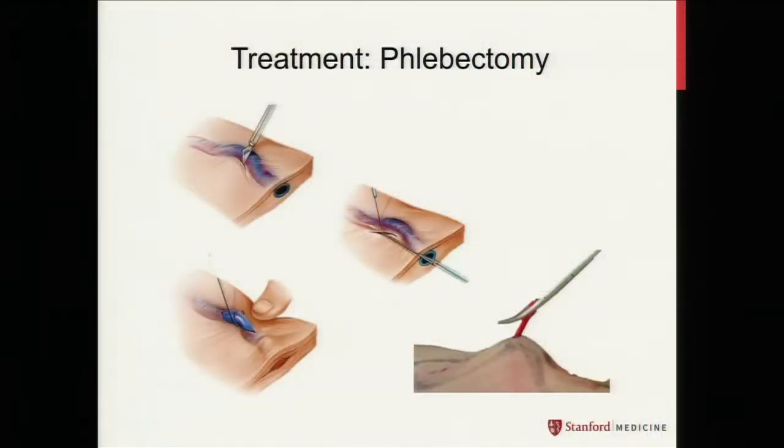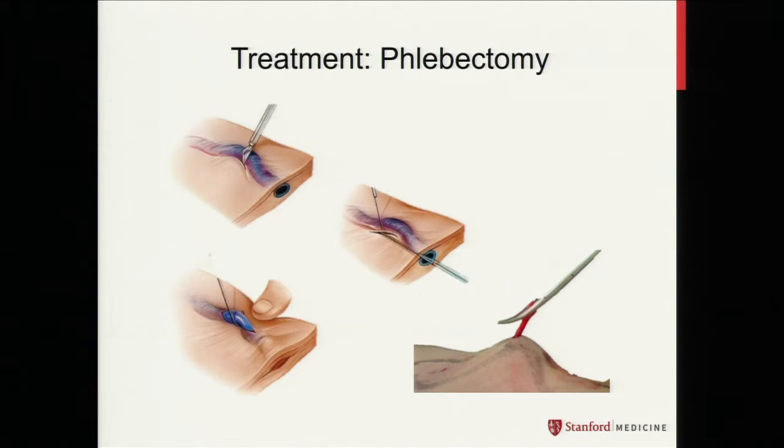Another treatment: if you have a relatively straight vein that's causing the reflux, you could do a catheter ablation. However, if you have very, very tortuous varicose veins, it's hard to put catheters in and ablate them. So there would be treatments where we pull the veins out. These are called phlebectomies.